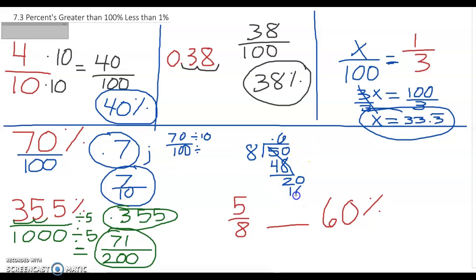This will have 16 because we'll go 4, and then one more actually will be 5. I don't have enough room.